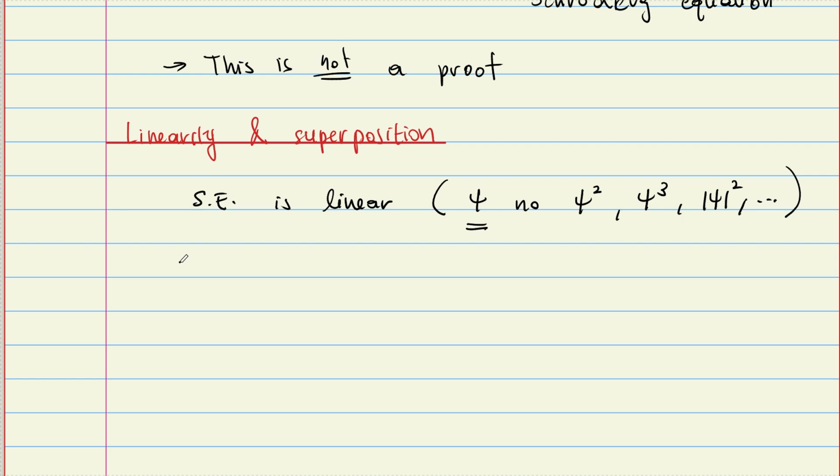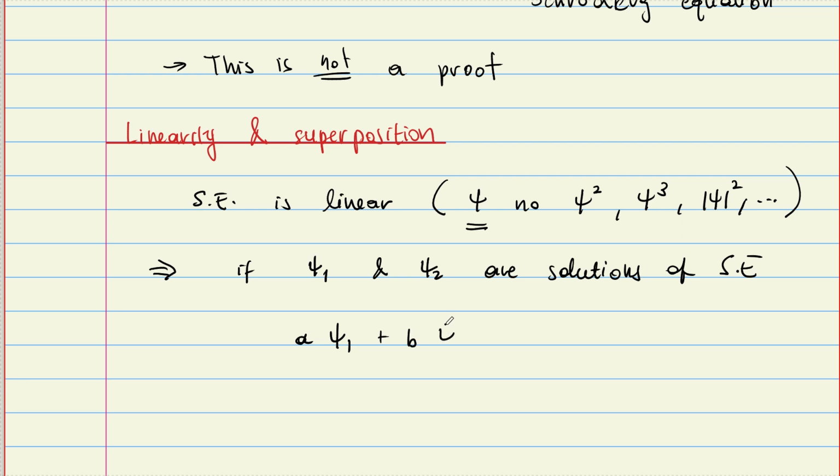And therefore, if psi 1 and psi 2 are solutions of the Schrödinger equation, any linear combination of these, let me call it A psi 1 plus B psi 2, is also a solution.